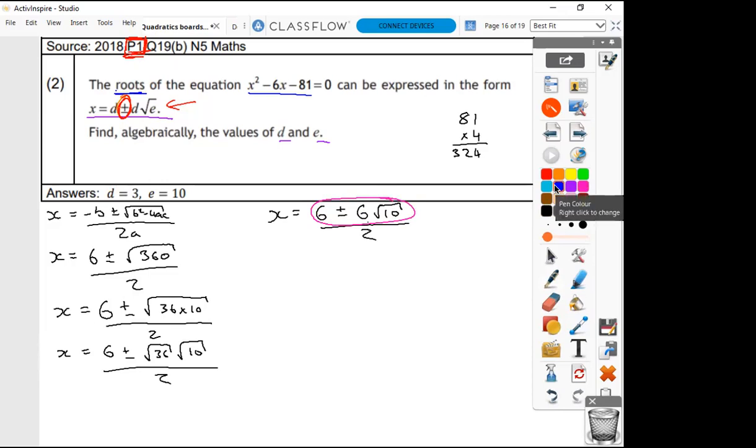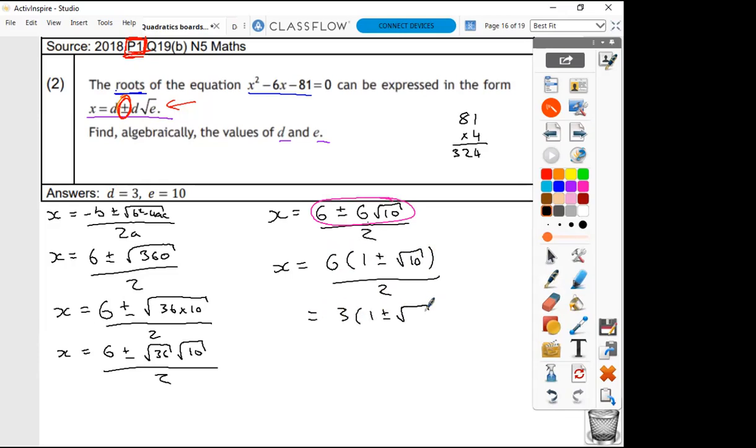That common factor is probably 6, to allow me to do that and get rid of the 2.